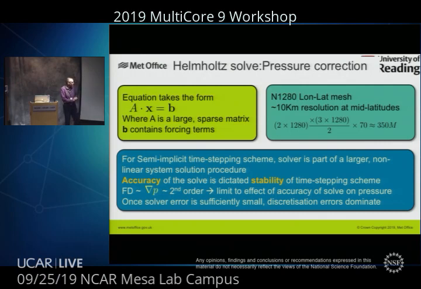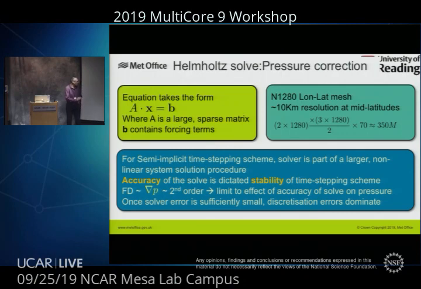So for a semi-implicit time-stepping scheme, the solver is part of a much larger nonlinear system solver procedure, and the accuracy of that solve is dictated by the stability of the time-stepping scheme. So we only do the solve sufficiently accurately that the time step is stable.